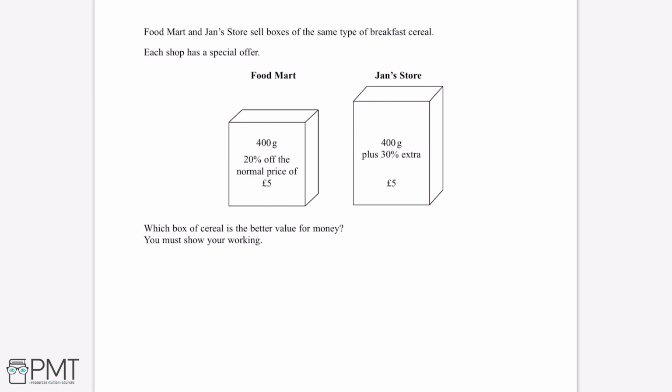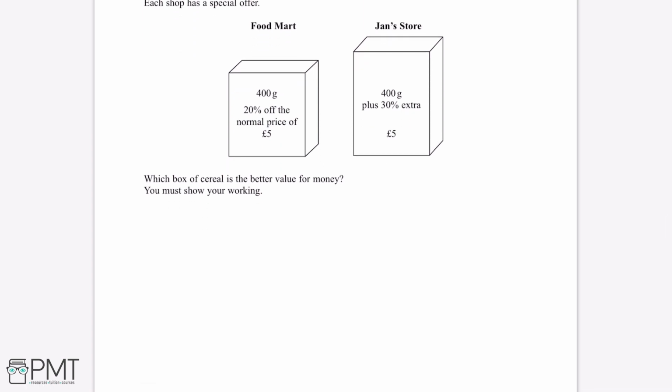So what we're going to want to do for this question is first work out the weight in each of these cereal boxes and then work out the price that they're charging. So if we start off with Food Mart, Food Mart sells 400 gram boxes for 20% off the normal price of £5. So we're going to want to work out 20% of £5.